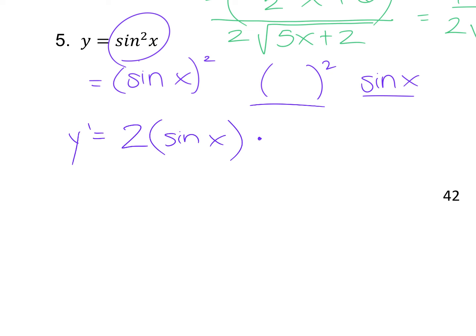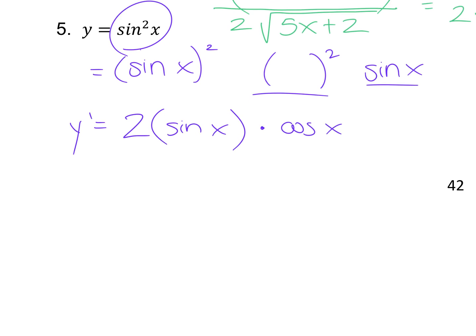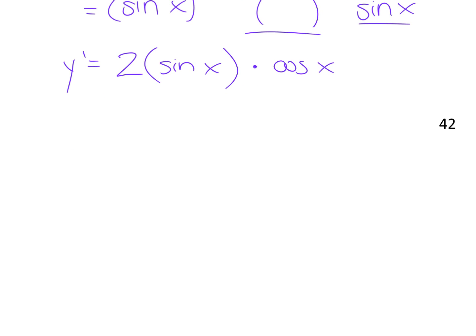What is the derivative of the sine? Cosine. Now, do I really need to keep those parentheses if there's no exponents? No. I've just done that because we're so used to bring it down, keep the exponents out there. So my official answer to this is 2 sine x cosine x. But knowing what's the outside and the inside on trig is like the big thing.